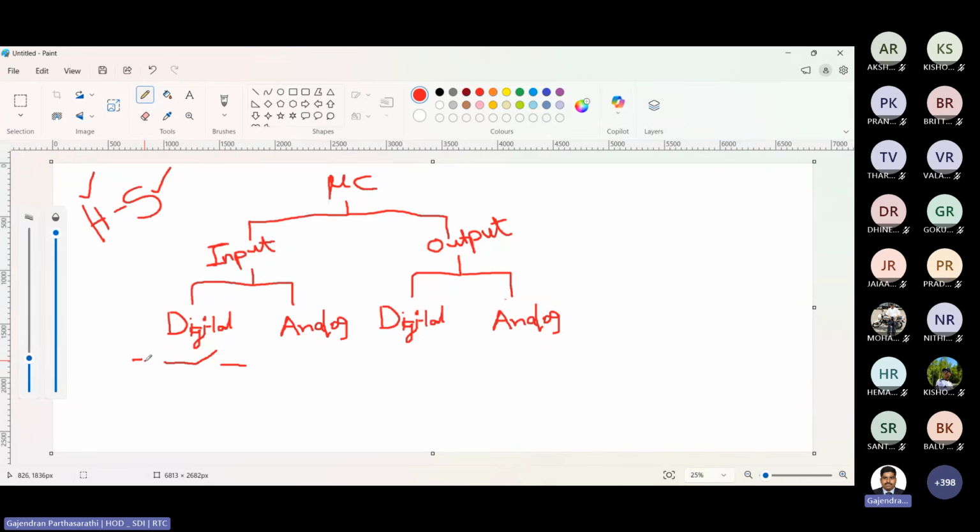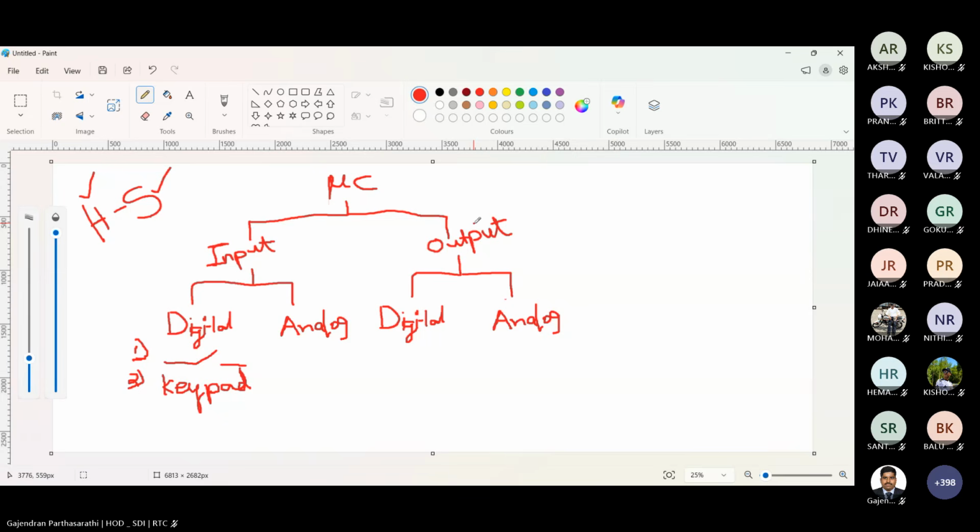A normal switch is a digital input. Then they said the keypad, touchpad. Yes, keypad, touchpad. These things, the digital keypad or the touchpad, are simple digital inputs to my microcontroller.